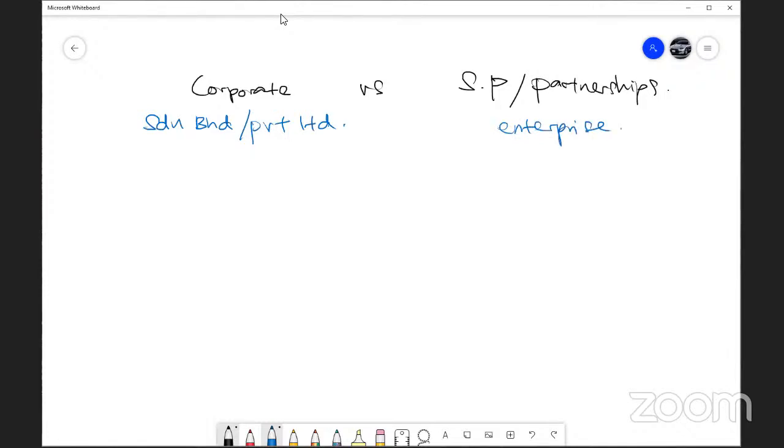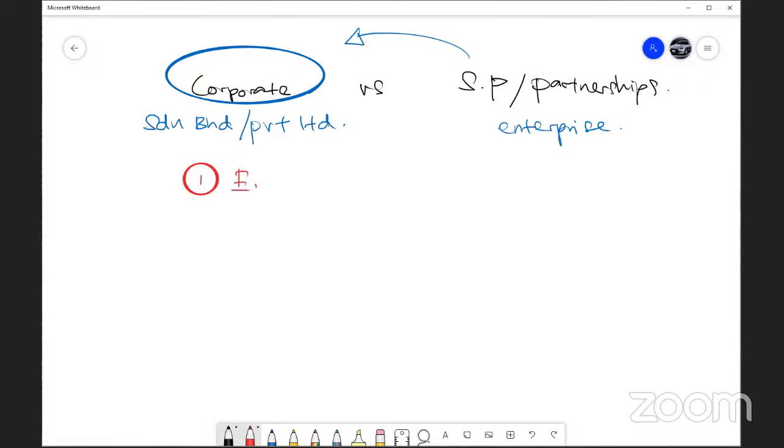So what are the advantages of a corporate over a sole proprietorship and partnership? What are the advantages of being a corporate? Let me show you a few. Number 1, easier to transfer ownership. Why is it easier for a corporate to transfer ownership?